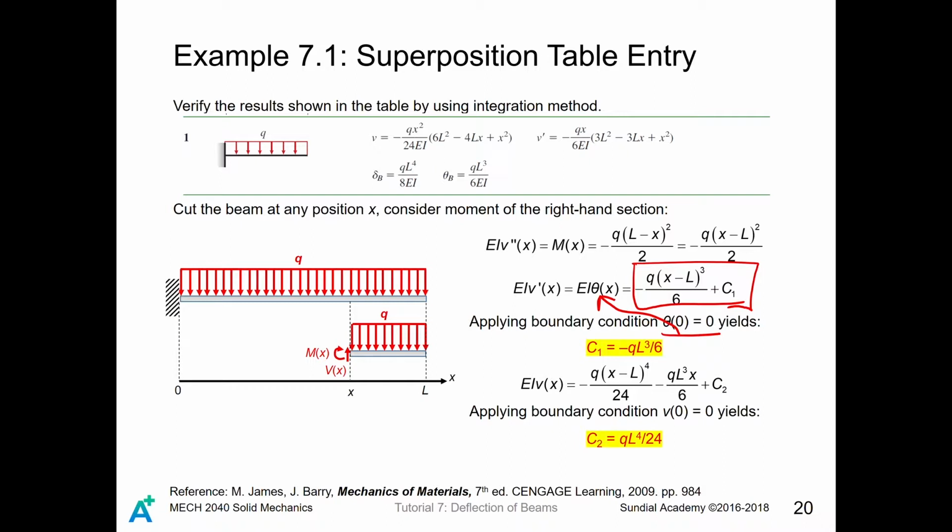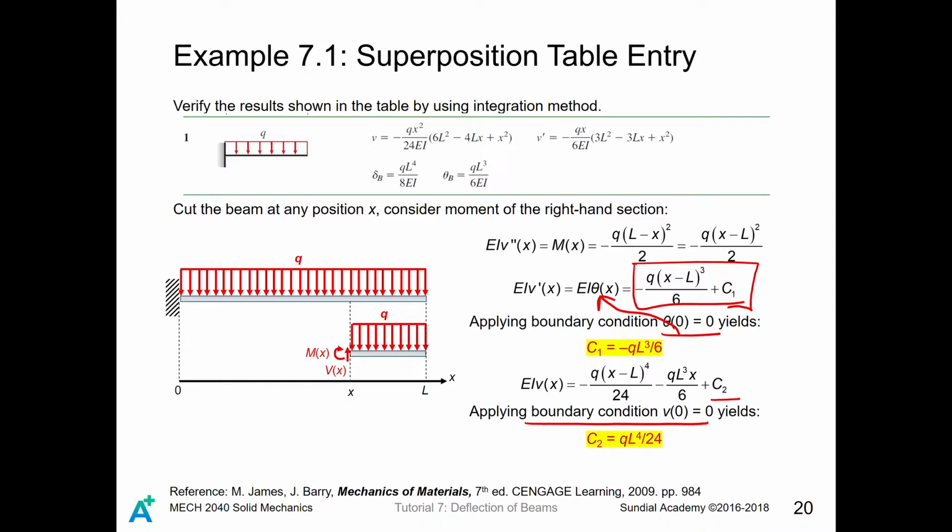And if you further integrate this expression plus C1 to get the EI deflection curve, it will become something like this. You have another constant C2, and you repeat the same thing once again. You apply the boundary condition v0 equals 0, then you get C2, and then you get the deflection curve.